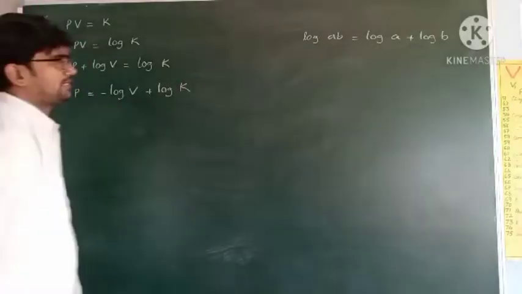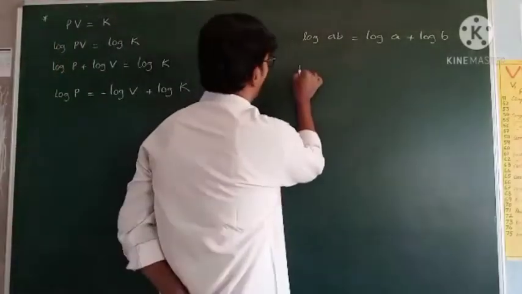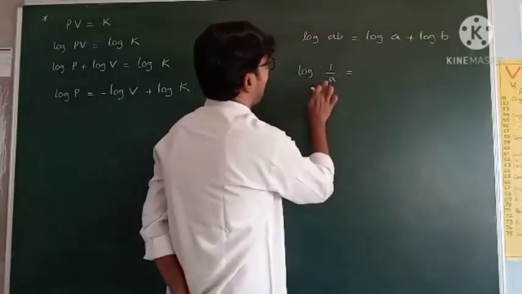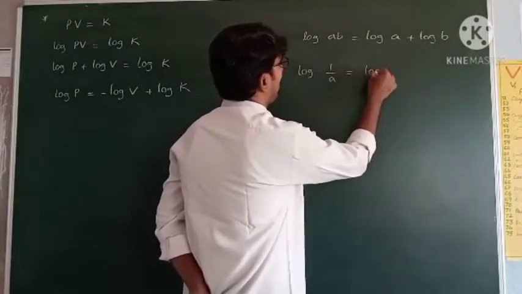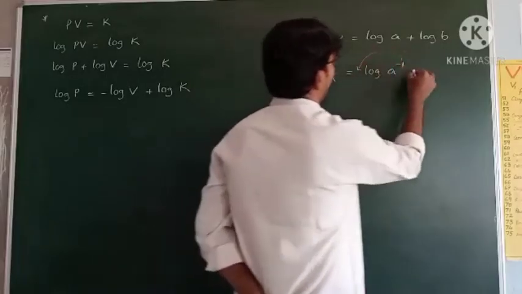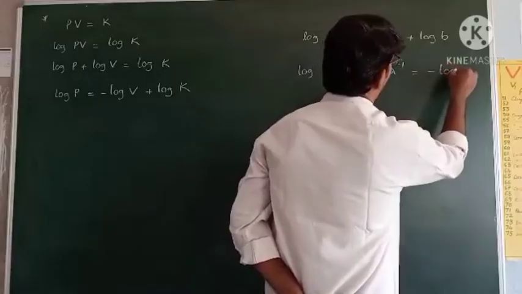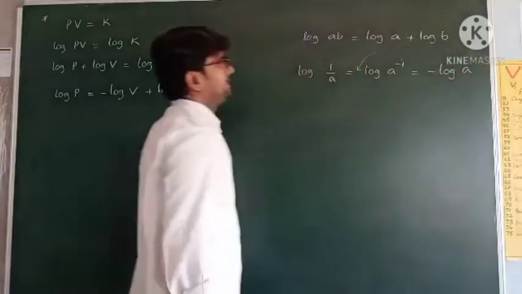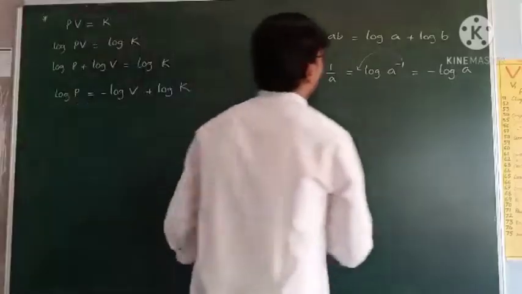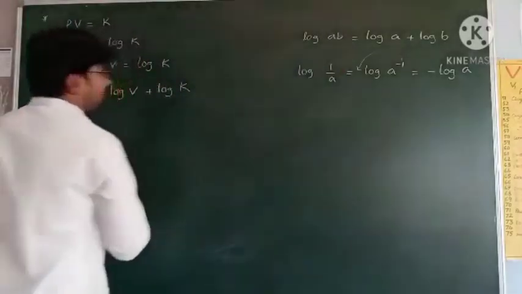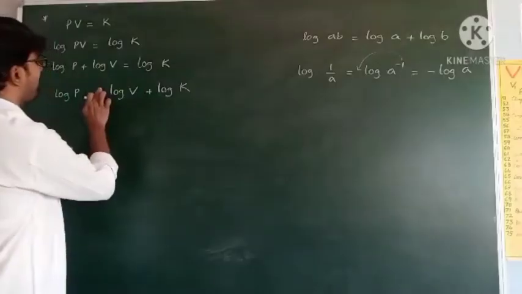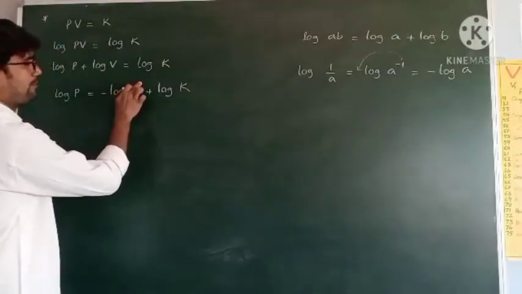So what about minus log V, sir? Remember all of you, log 1 by A is equal to log A power minus 1, so the A moves to the numerator position and becomes minus log A. Similarly, minus log V means V power minus 1.